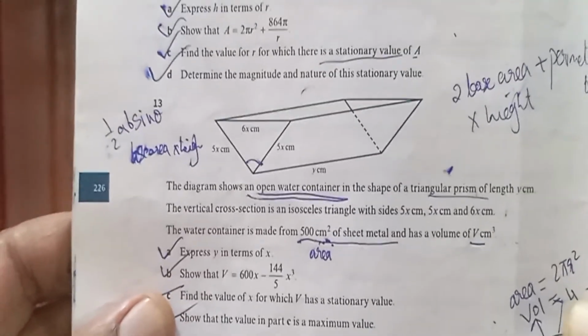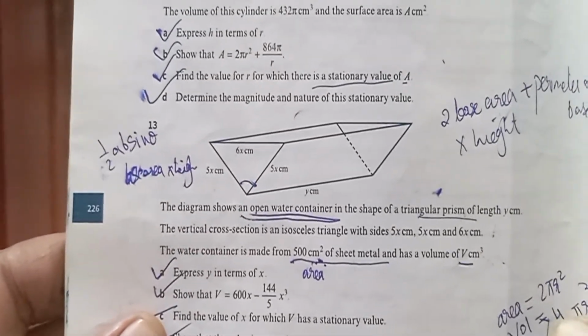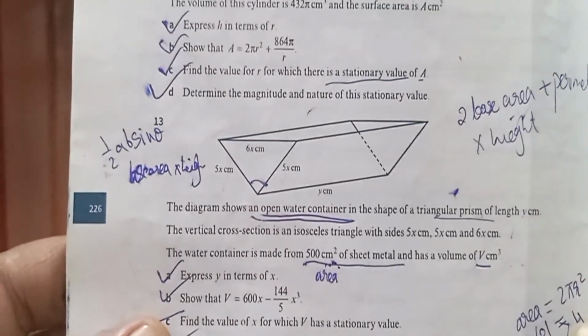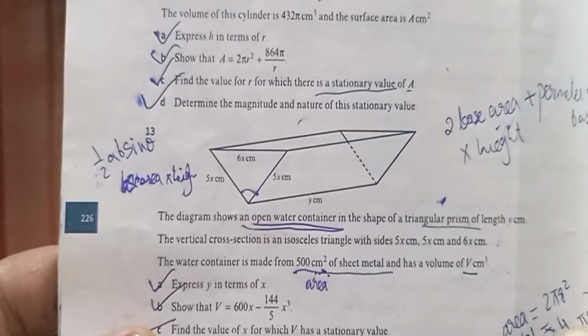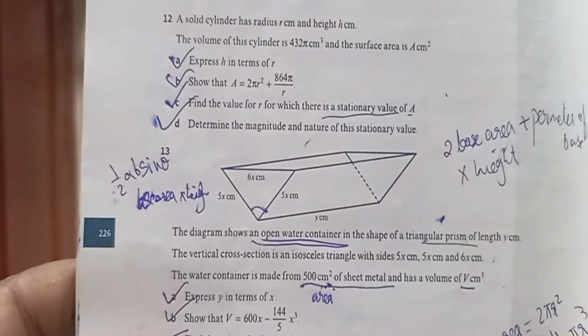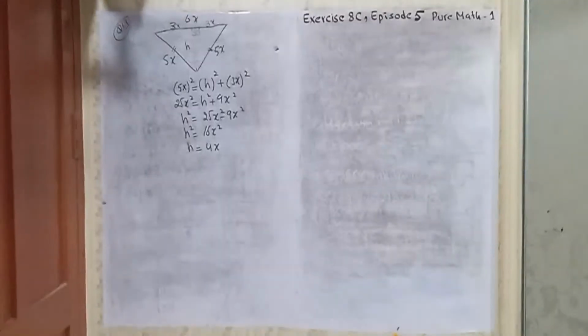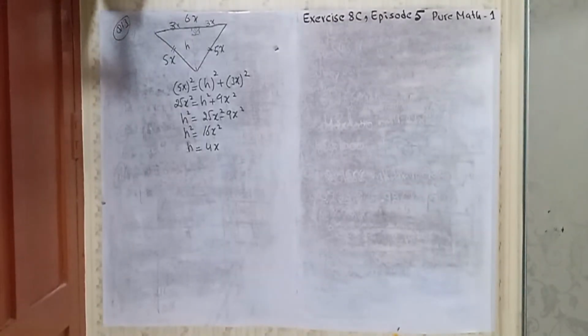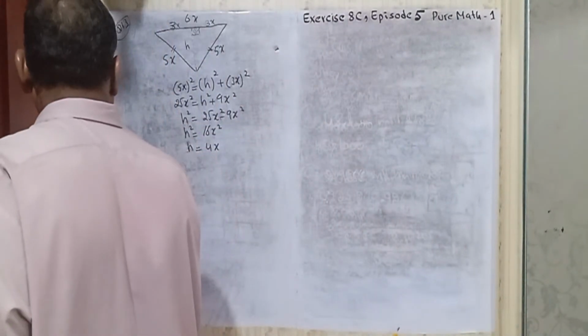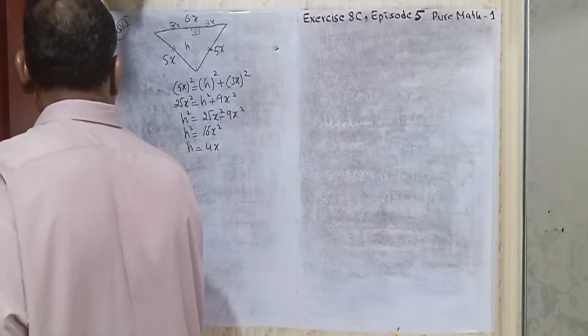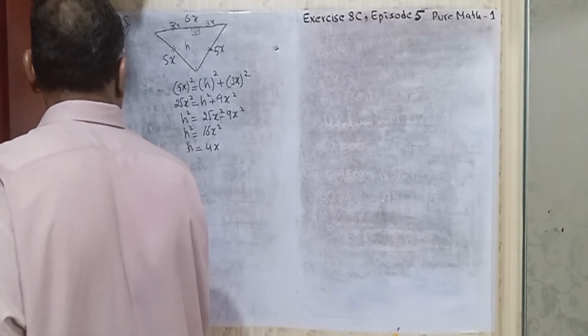It's open, there is no top. It's an open water container. It has walls: two walls are triangles, two walls are rectangles. So let me find the area of this triangle now. This is a triangular wall.